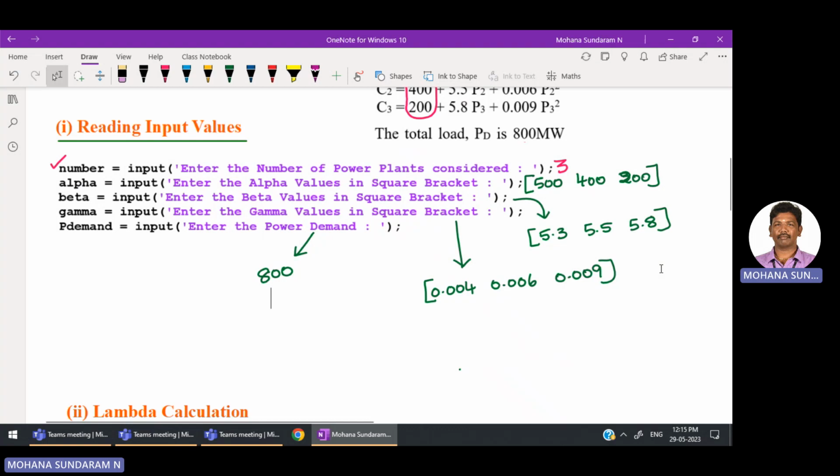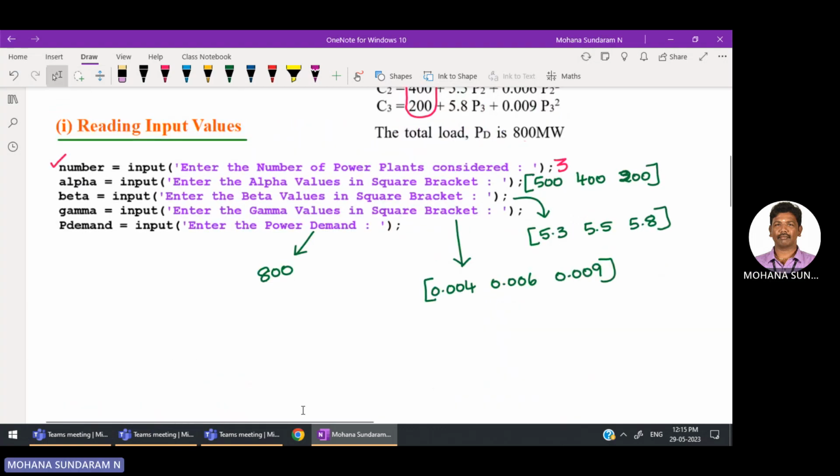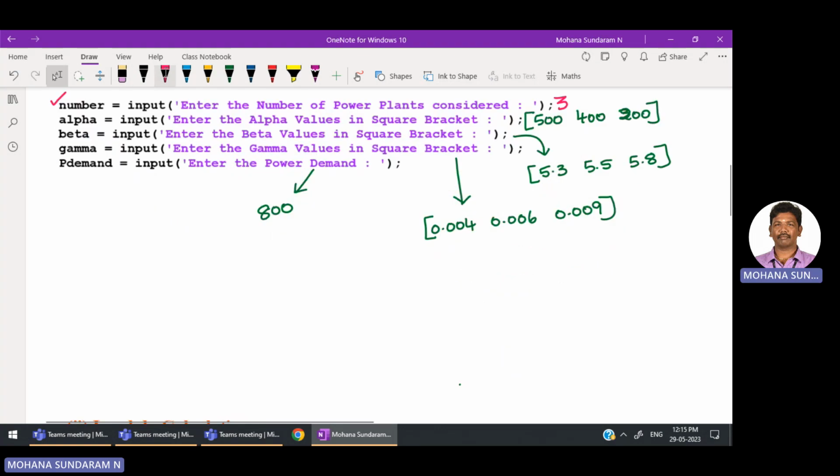Let us understand the meaning of this square bracket a little more clearly. If you take this alpha, we have used only one variable, that is alpha, but in alpha there are 3 numbers: one is 500, another is 400, another is 200.